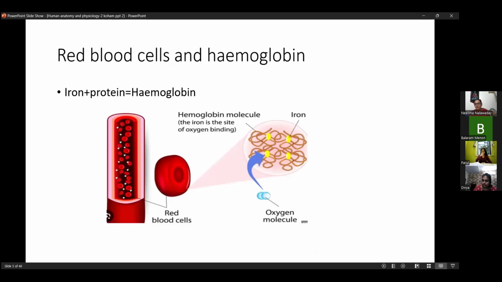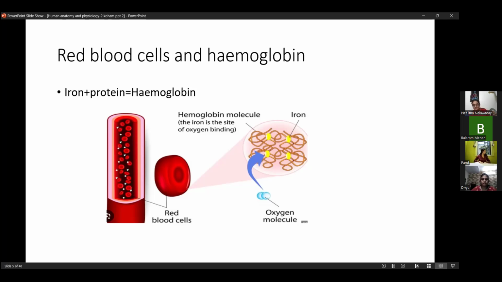First type, red blood cells and hemoglobin. Red blood cells have heme plus globin, meaning iron plus protein combination, which is called hemoglobin. It has an affinity for oxygen molecules, or oxygen molecules get attracted towards it. So when blood gets oxygenated, it means this hemoglobin carries the oxygen molecule.